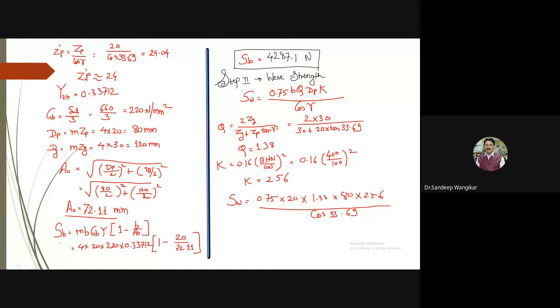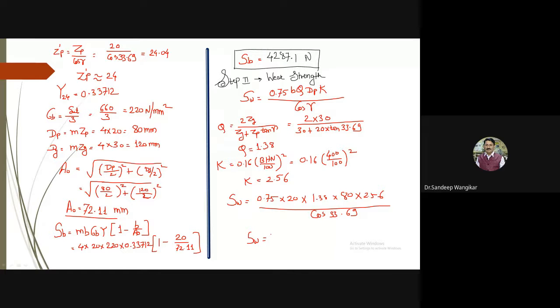Yes, W is equal to 5095.07. Any other? Very good. Yes, W is equal to 5095.